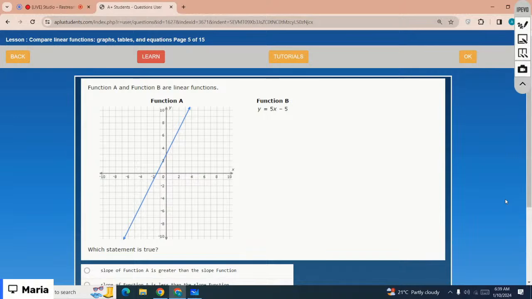The correct option is the slope of function A is less than slope of function B. Very good. Option number B is the correct option.